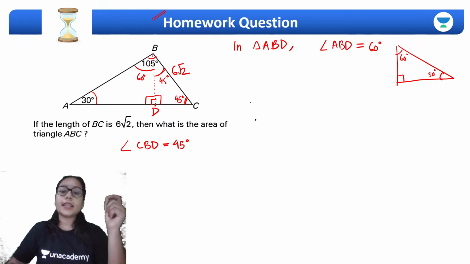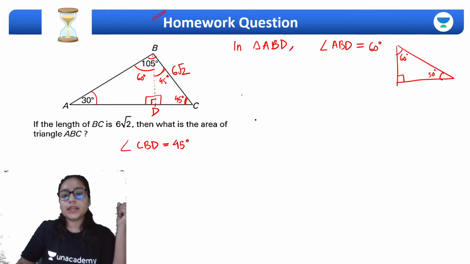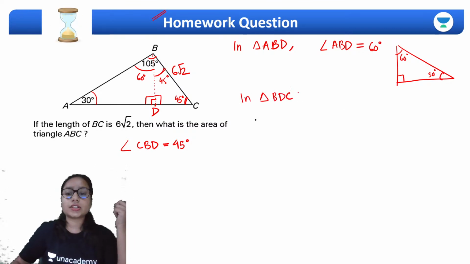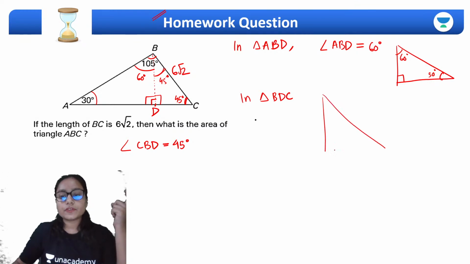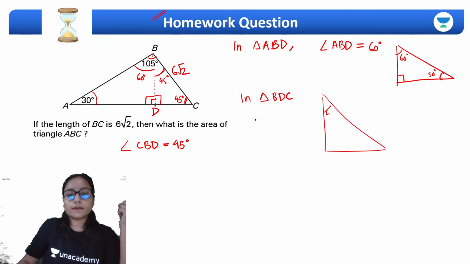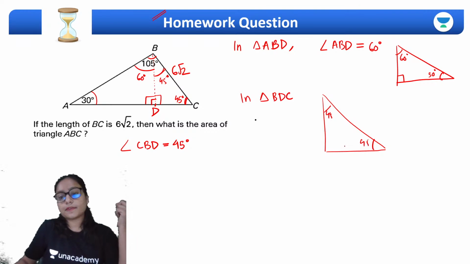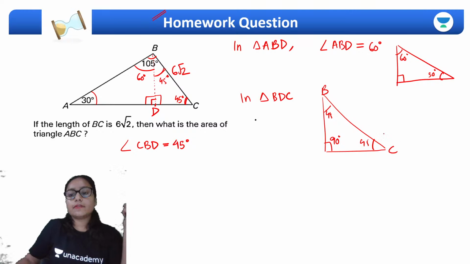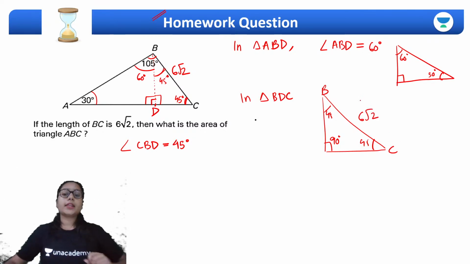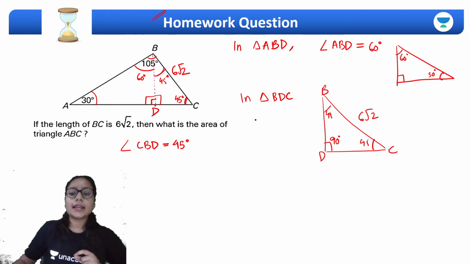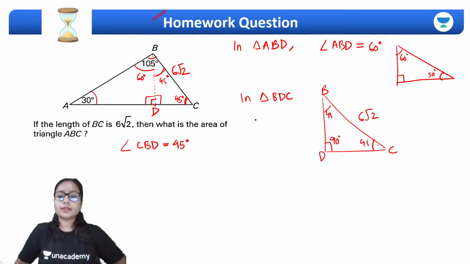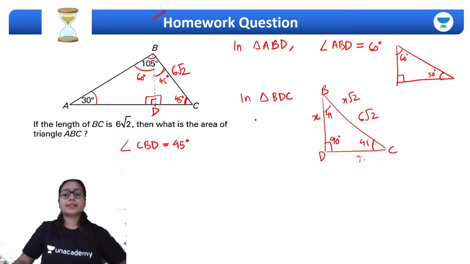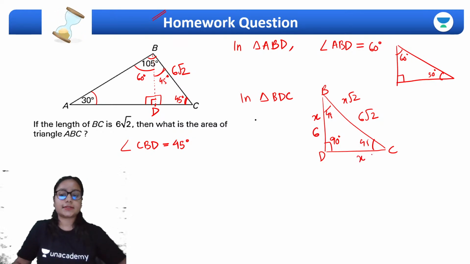Again, I have this triangle BDC, which is also a special triangle. What type of special triangle is this? This is 45, 45 and 90. This side BC is given as 6 root 2. So what is the measure of BD and DC? If the hypotenuse is x root 2, we have the other sides as x and x. It means this becomes 6.